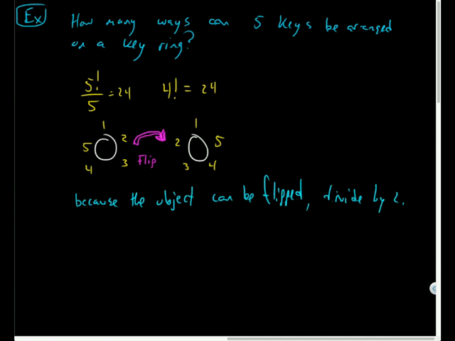So this is kind of a special case, so what I would do is take the 24 and divide by 2 and get 12, because it's really the same arrangement as far as we're concerned. And this could work with charms on a bracelet or different things like that. This situation doesn't apply to the kids around the table, because it wouldn't make sense to flip the table or make the kids sit on their heads or something like that, right? It doesn't apply to that situation.